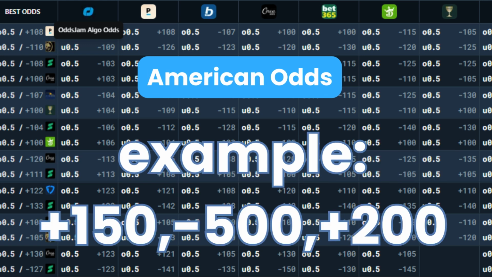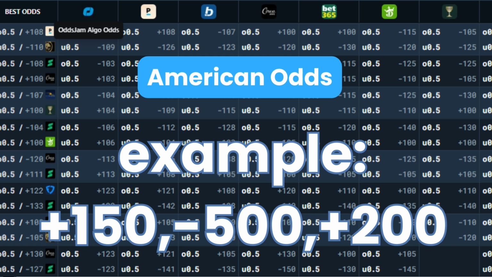Now, money line odds. We talked a little bit about the definition of money line earlier and how it has a price. Now here's where this is critical and important, because when I say odds and price, this is exactly what I'm talking about. It's very widely used in the United States, and it shows you how much you need to bet to win $100 or how much you'll win on a $100 bet.